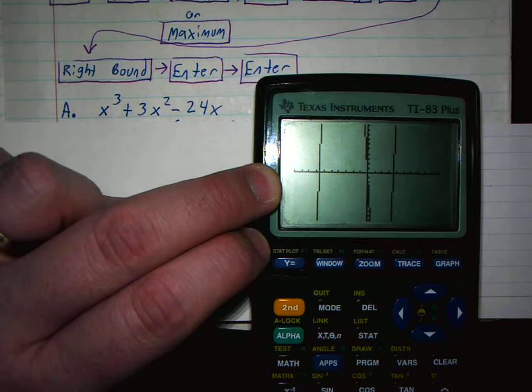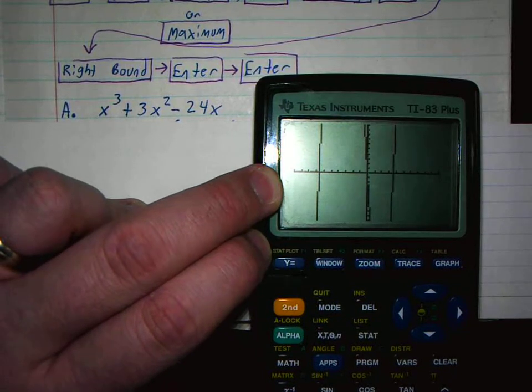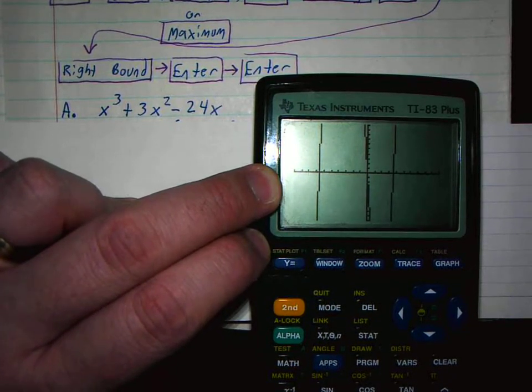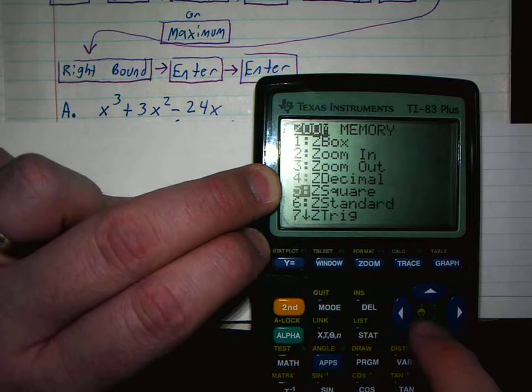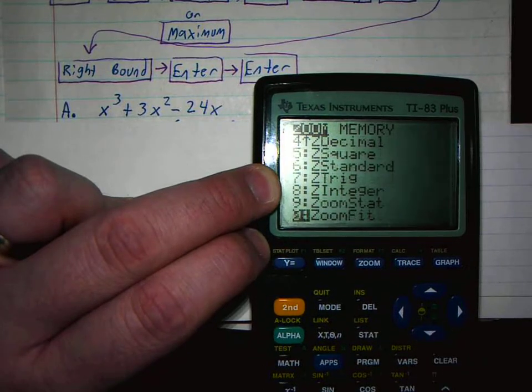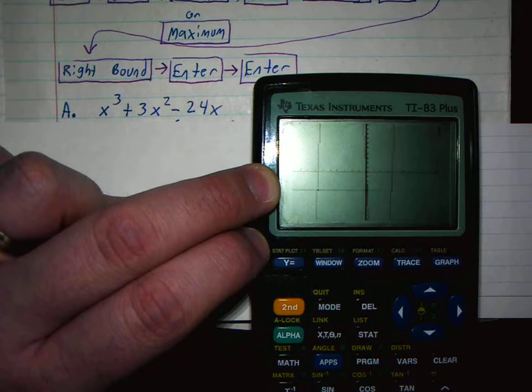I always like resetting it before I mess with it again. How about zoom fit? Zoom fit will sometimes take what you want and fit it in the screen. Let's see if that works. Zoom fit. Come on, let's fit it in there. Okay, that works for me.